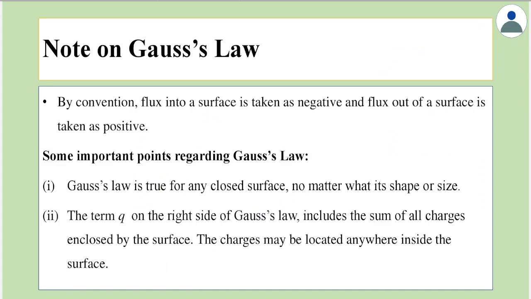Now, by convention, the flux into a surface is taken as negative and flux out of a surface is taken as positive. This is very important. So if you have some kind of a surface, and the flux is outwards, it is taken as positive, which would imply that the surface is enclosing a positive charge.